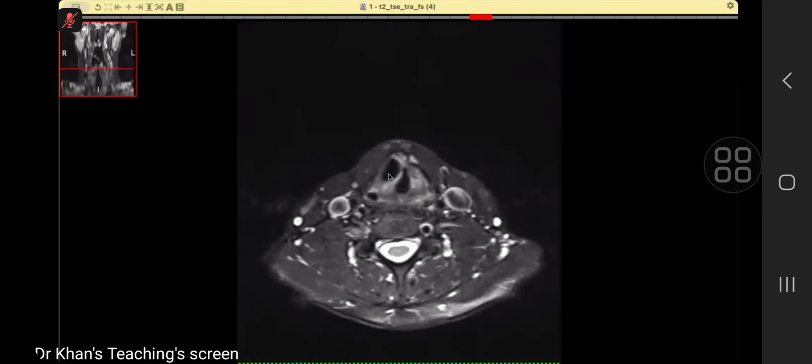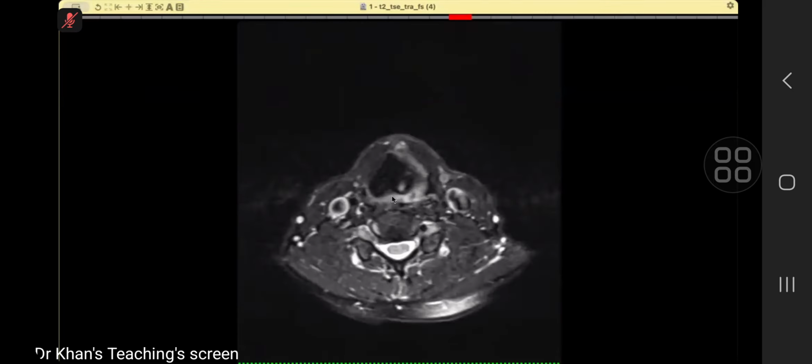Okay. Look inside the larynx. Do you find anything in the larynx? Yes, there is also air containing structure, low intensity structure along the paralaryngeal space on the right side. It is causing slight indentation of the vocal fold and slight indentation of the air passages.